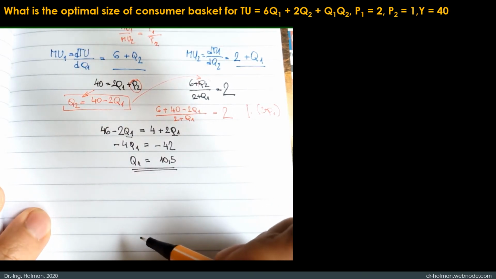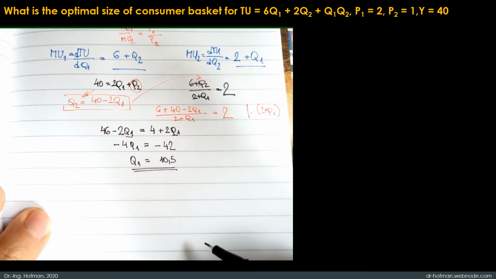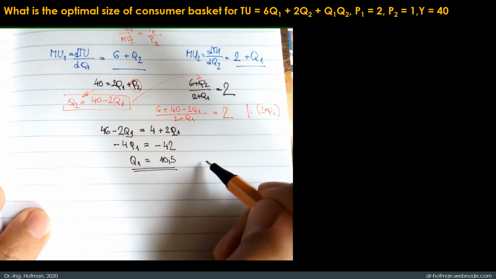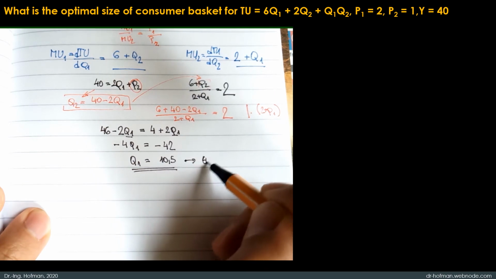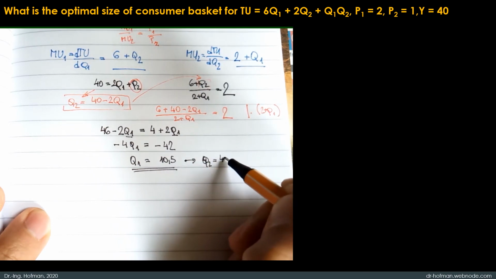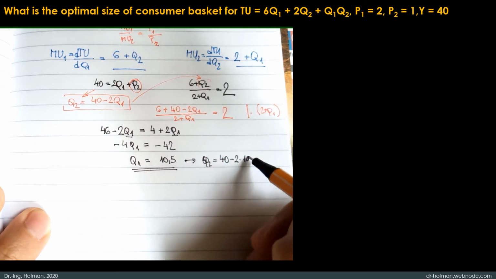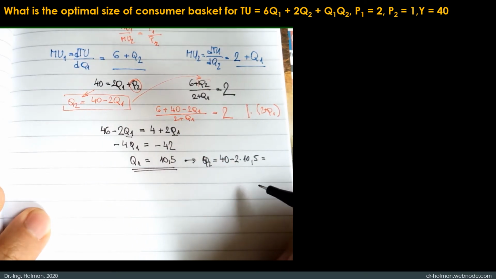I also need the other coordinate, because now I just got Q1 with the help of substitution. I can write that Q2 is 40 minus 2 times 10.5, which means that Q2 equals 19. That's the other coordinate.